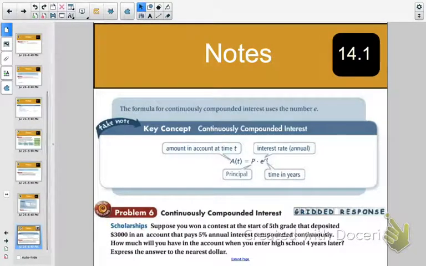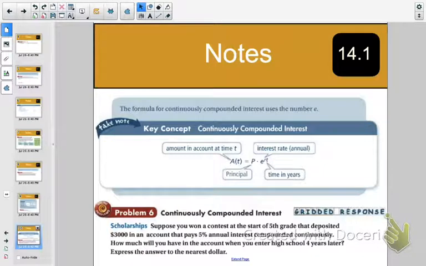Okay, but that does bring us to compound interest, which is why I was bringing it up earlier. There is what we call continuously compounded interest, which means that your interest is compounding basically instantaneously. The formula for that is a little bit simpler. It's A equals P times e to the rt, where A is your amount in the account at time t, so basically your balance.